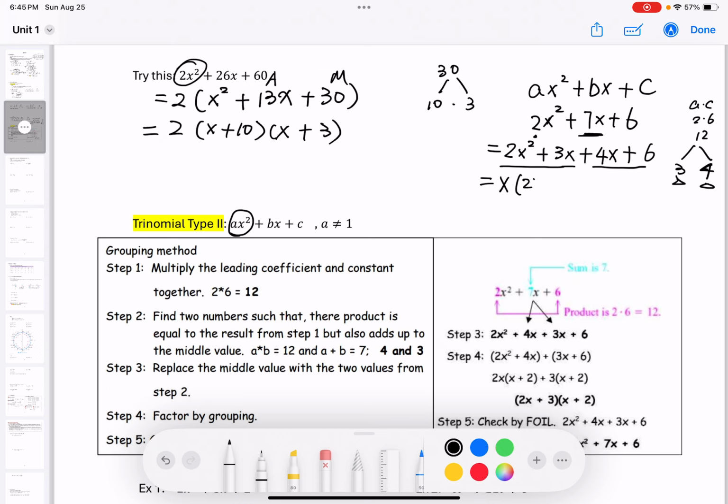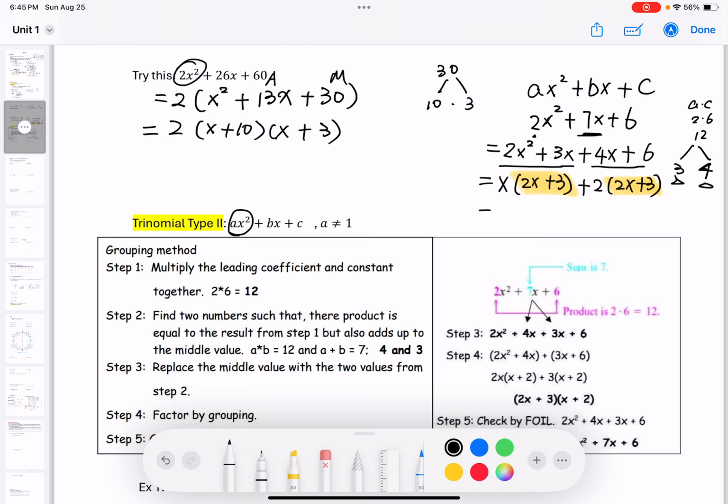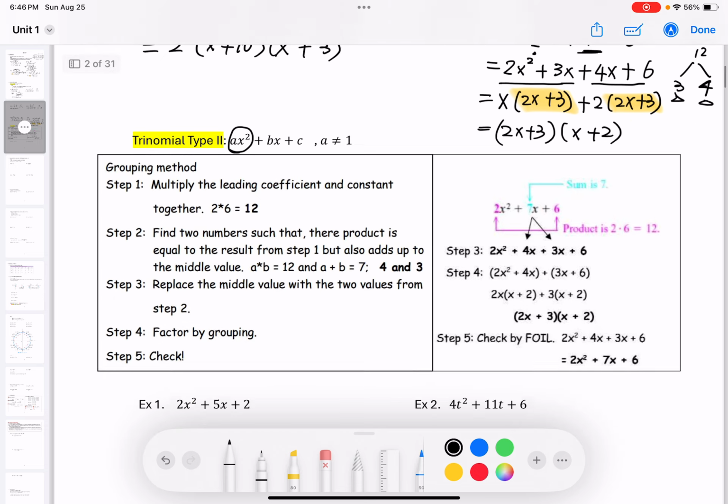Left over is 2x plus 3. Last two terms, factor out 2. Then left over is 2x plus 3. Both of them have the GCF, which is 2x plus 3. Let's factor out the 2x plus 3. Then left over is x plus 2. Then we are done. So we use the AC method to factor this type of trinomial.